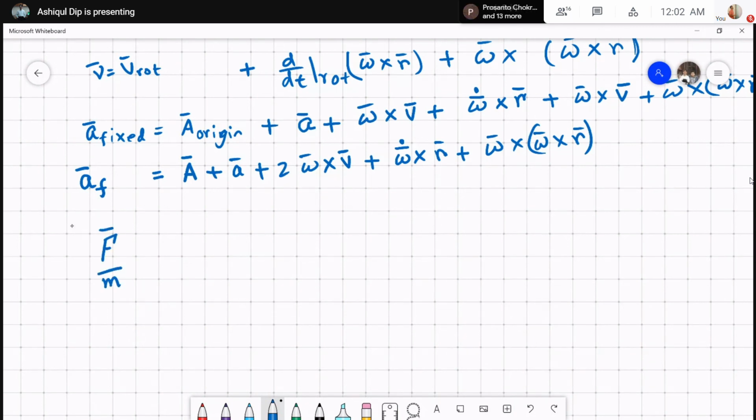So F equals M AF. Now I can substitute this and get M small a plus M big A plus twice M.